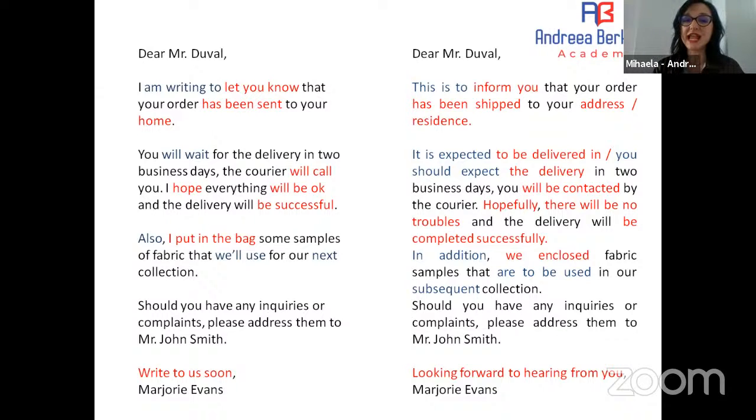And instead of next, subsequent. Oh my God. I don't think that I would be able to use this word instead of next. I mean, it's too formal. It is very formal, yes. Instead of subsequent, you can use following in our following collection. That's not that official.